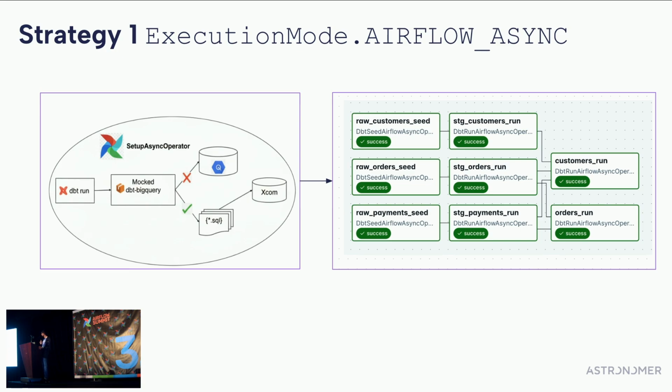In async execution mode, we modify the adapter at runtime. That means we just run the dbt command until the point we can get raw SQL, and we do not execute it in the upstream database. We just get the SQL and then upload it into Airflow XCom.